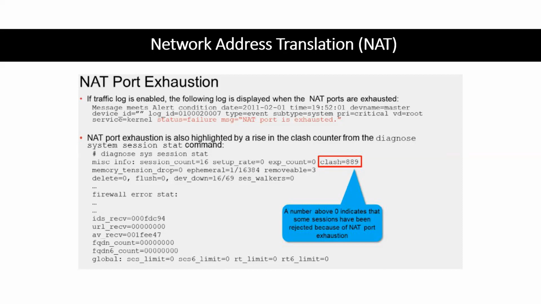But it's not as easy as it sounds, because that'll be an architectural change, right? A design change. But at least you guys know how it's supposed to look, right? I just need you guys to understand, especially for the exam, what NAT port exhaustion looks like, okay? And so at the first bullet point, you see what the log looks like, right?